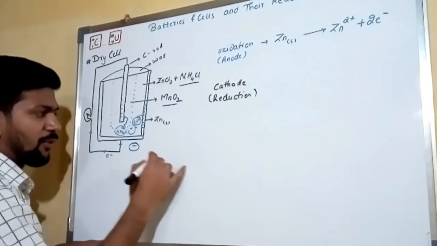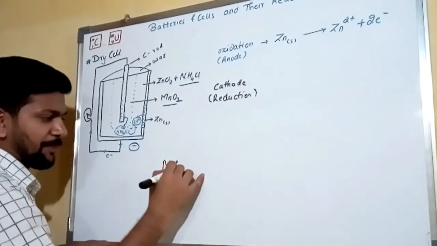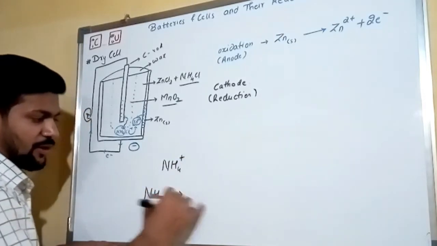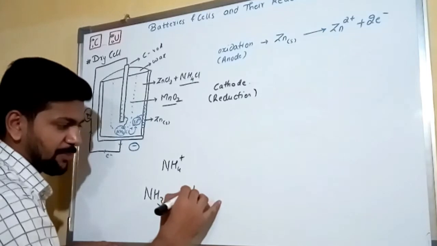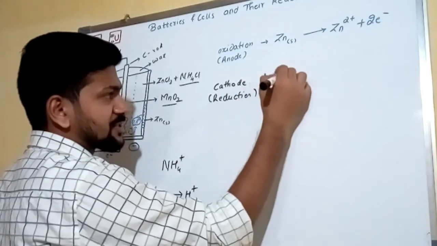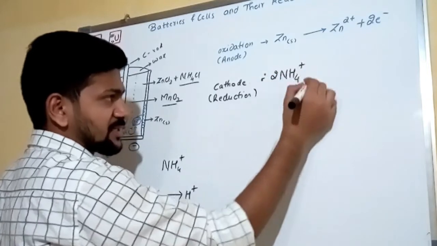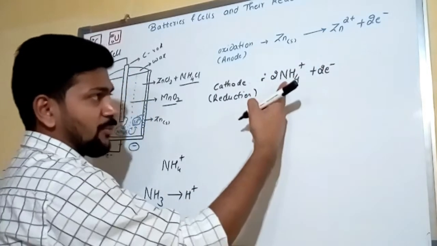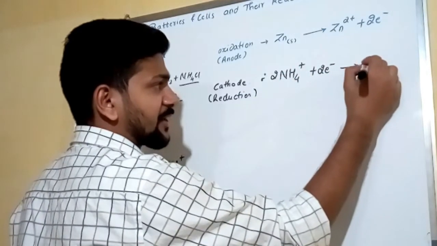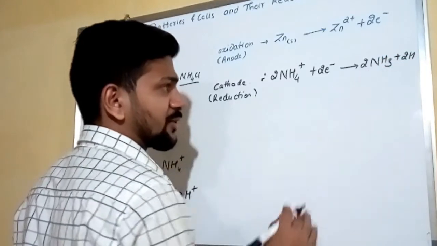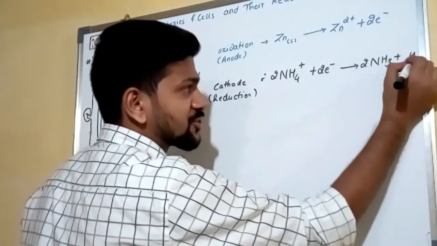Now let me tell you, ammonium NH4+ simply means you have got NH3 which is coordinatively bonded with H+. Am I correct? So you will be having 2 times NH4+. These 2 NH4+ will accept 2 electrons, and out of ammonium you will be getting 2 times NH3 plus 2 times hydrogen, or you can say you will be writing H2.